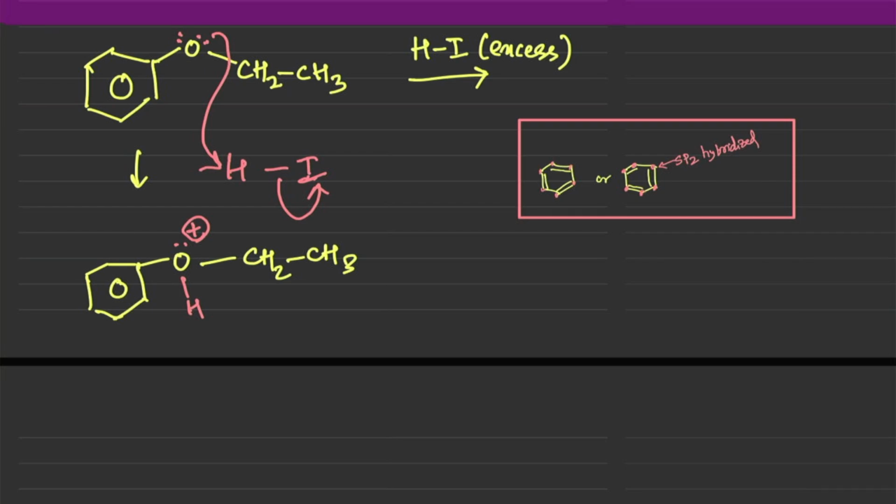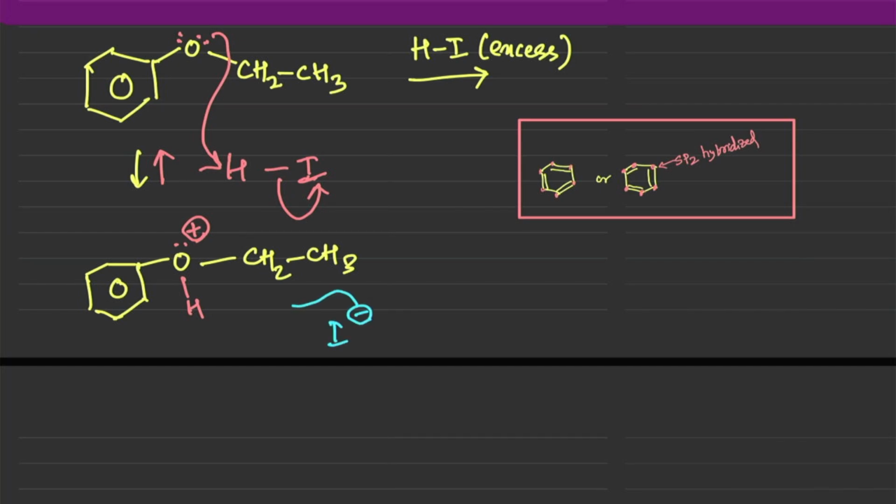What should we do next? Every time you have a positive charge on oxygen, you try to neutralize it. I can neutralize it by getting rid of my proton, but that is basically going backward, and we want to move forward. So this is where the fun begins. How would you neutralize it?